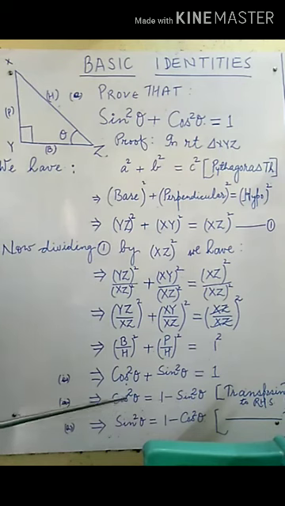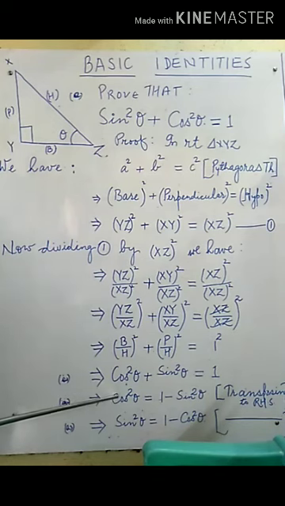It means that as per requirement, in the place of cos square theta we can note down 1 minus sine square theta, or in the place of 1 minus sine square theta, we can note down cos square theta.